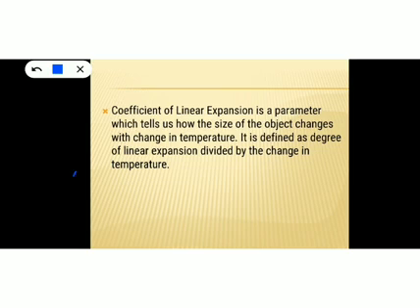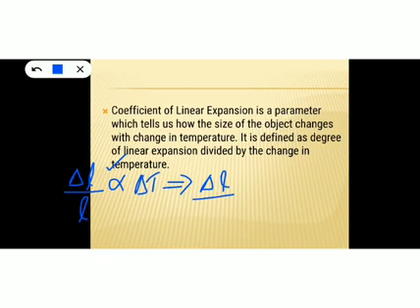So here the fractional change in the dimension length can be denoted as delta L by L, and that is proportional to the change in temperature delta T. To remove this proportionality symbol, we will add a constant, and that constant is alpha. So we can rewrite this equation as delta L by L equal to alpha delta T.